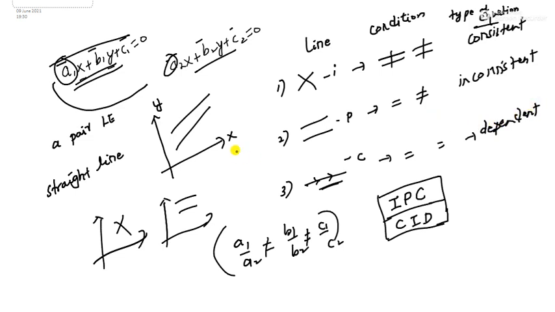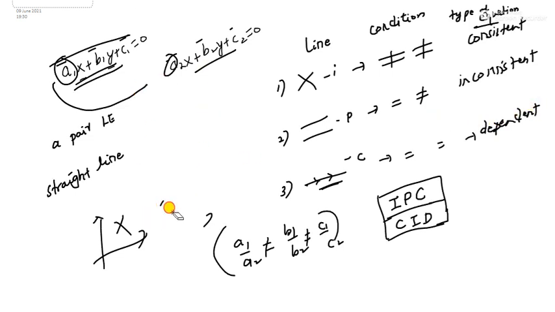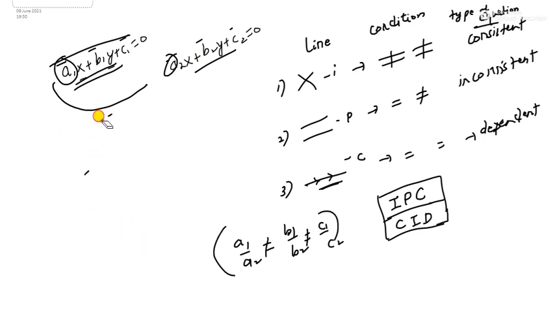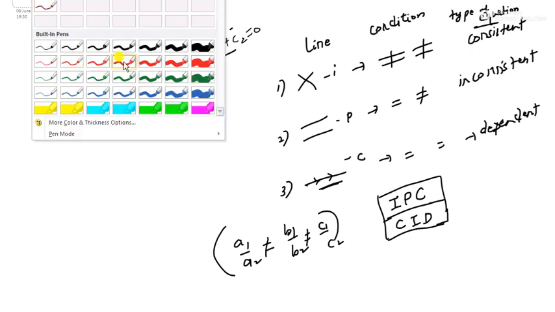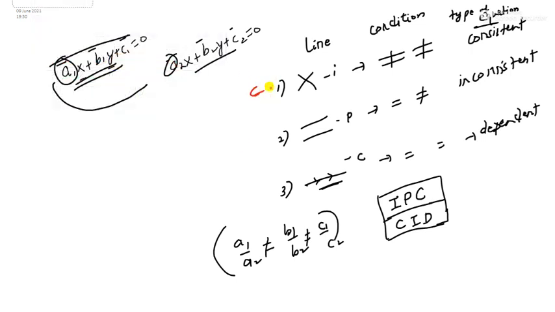And the last thing: they will ask about the type of solution, meaning how many solutions the lines provide. Solution means the number of points at which they meet.